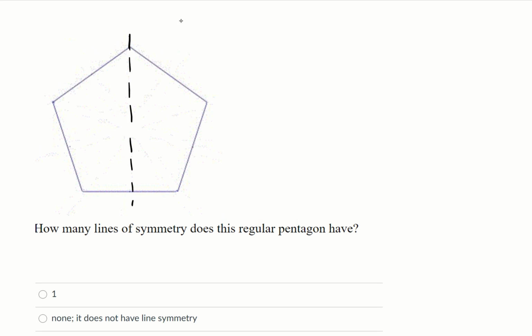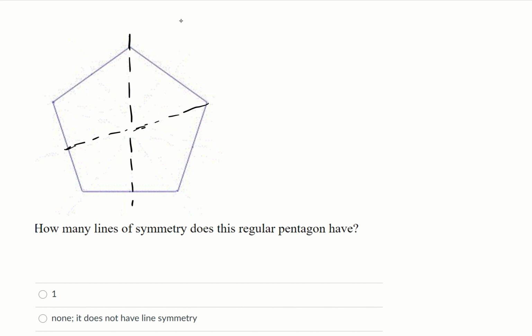Whereas this regular pentagon, if you were to cut it this way, does have a line of symmetry. If you were to fold it, it would fold exactly up on the other side. So it does work out that way. And then if I were to do it this way, it would also fold up nicely.